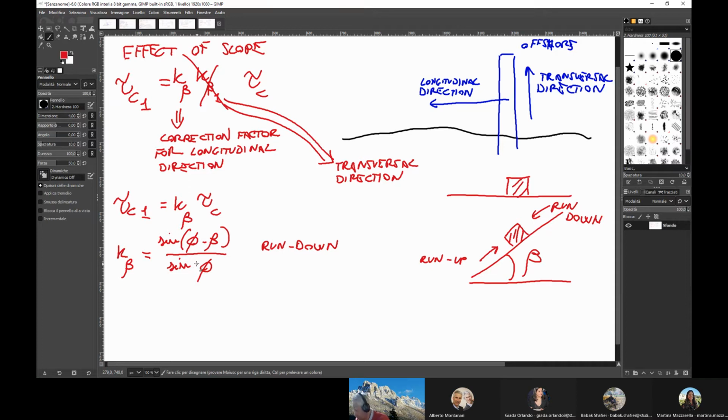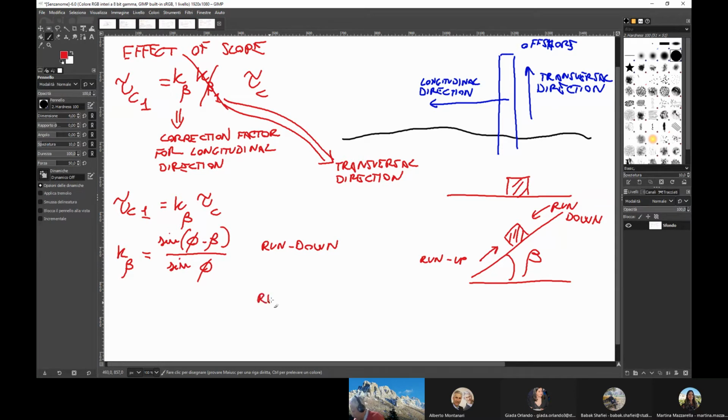And you see that if beta is 0, the correction factor is 1. Okay, and in this case, the correction factor is lower than 1. If you look at these angles, the correction factor is lower than 1.